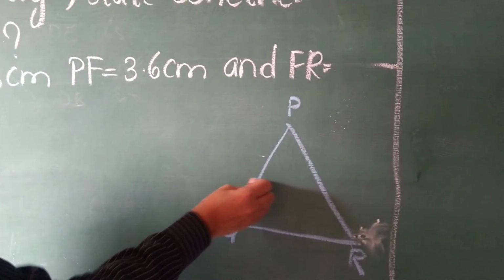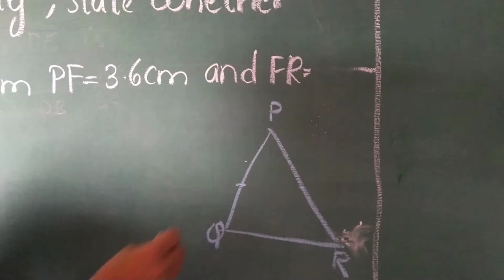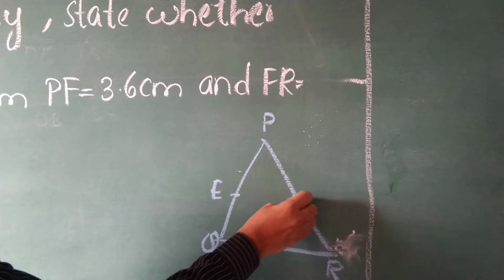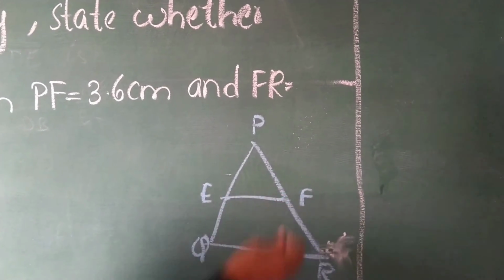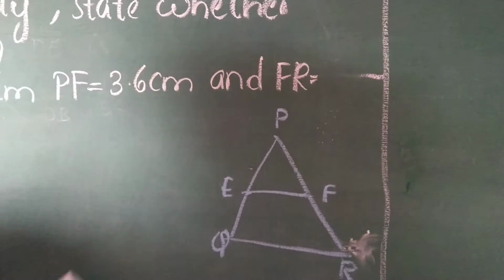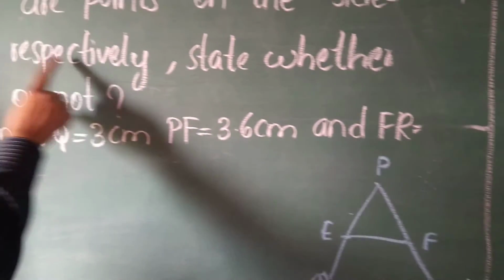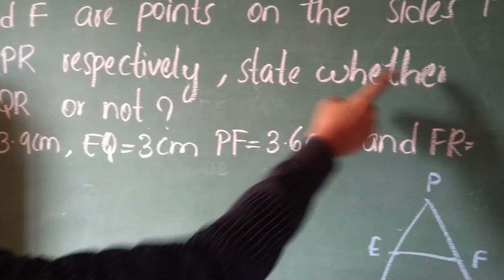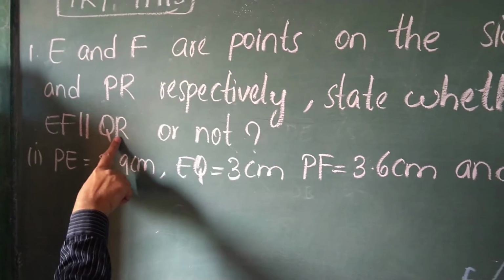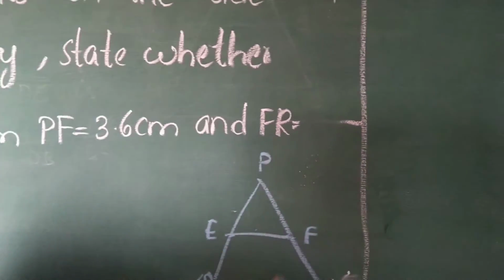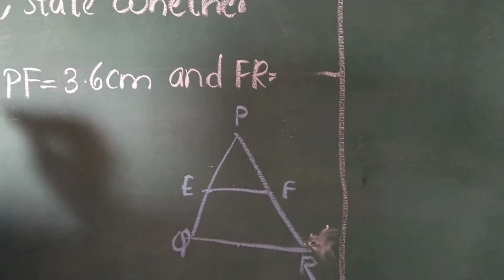E and F are two points on the sides PQ and PR respectively. State whether EF is parallel to QR or not.